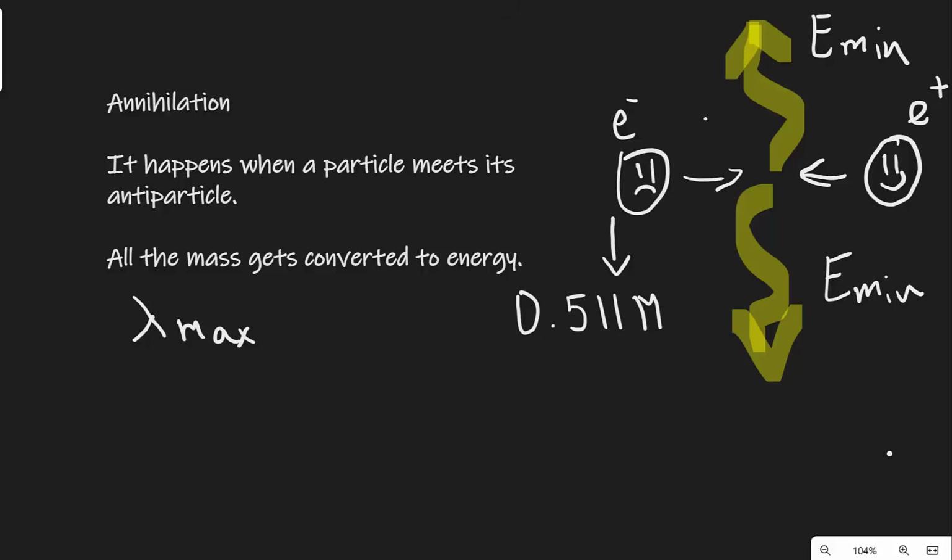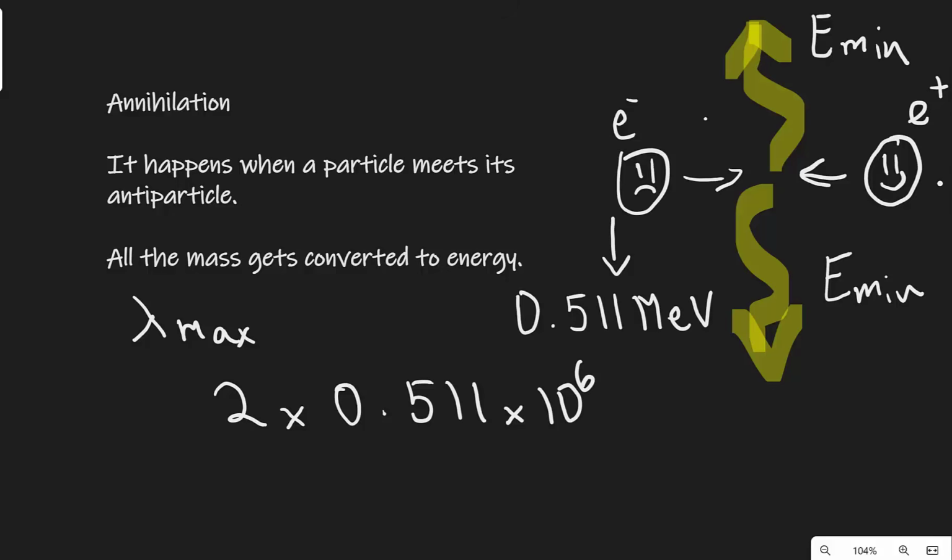0.511 mega electron volts. So this means you can think of this as our input energy, and twice that amount, so twice times 0.511 mega electron volts, is times 10 to the power of 6, and the electron volt is 1.6 times 10 to the power of minus 19.